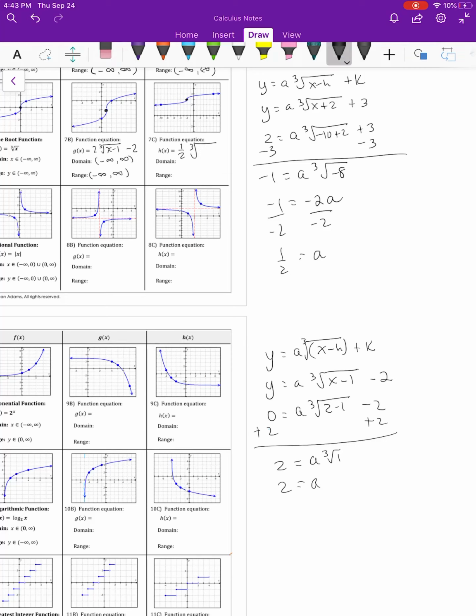So for that one, we have y equals a over x plus 3, and then minus 3. And then we'll put a point in. One of our points is negative 4, negative 2.